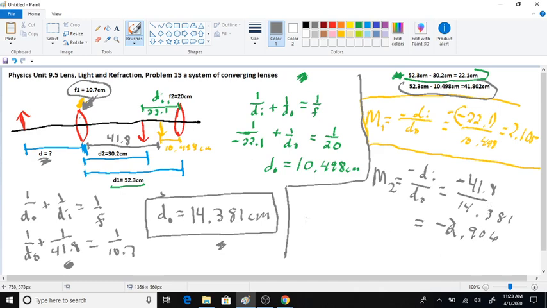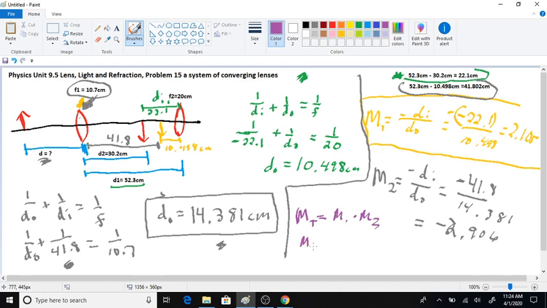So now total magnification, let's get that in. Ooh, that's purple. The color of royalty, right? So total magnification is M1 times M2.